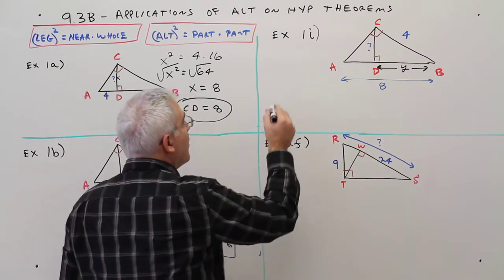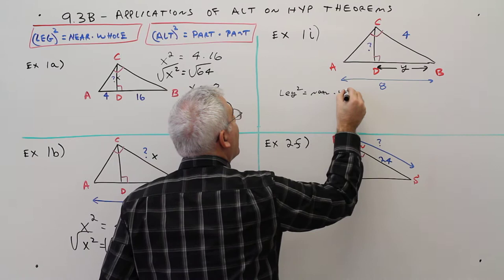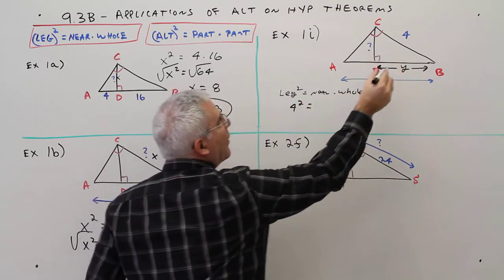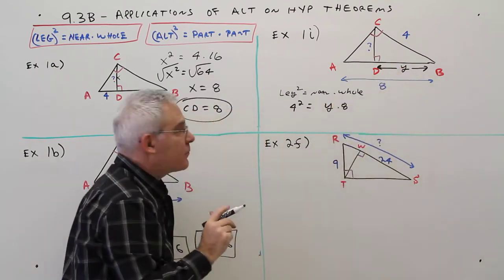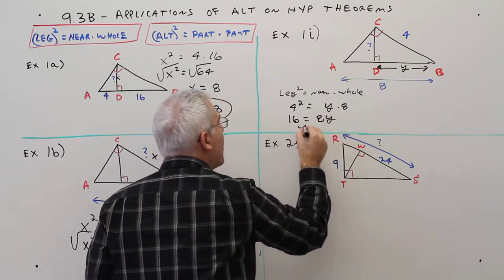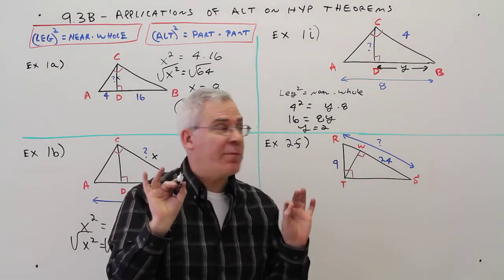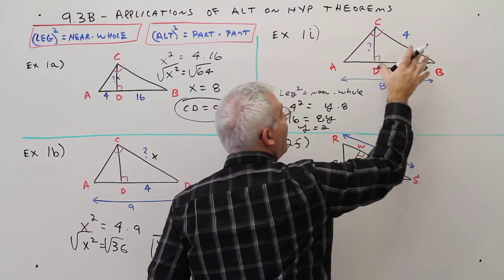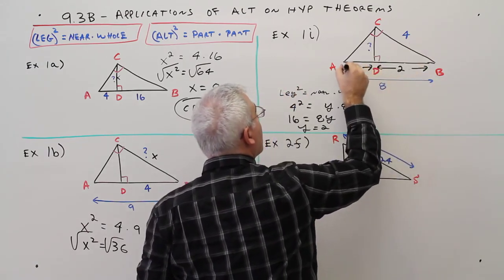So just to show you, I'm going to use leg squared equals near times whole, or in this case, 4 squared equals y times 8. 16 equals 8y. Y equals 2. That's not what I was looking for. This is an intermediate step. So y is 2. Well, if that's 2 and the whole thing is 8, this must be 6.